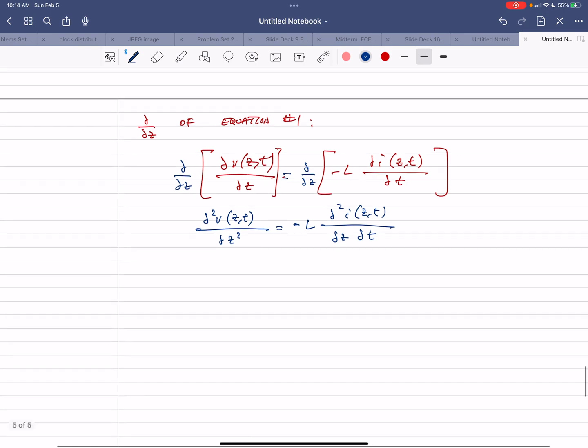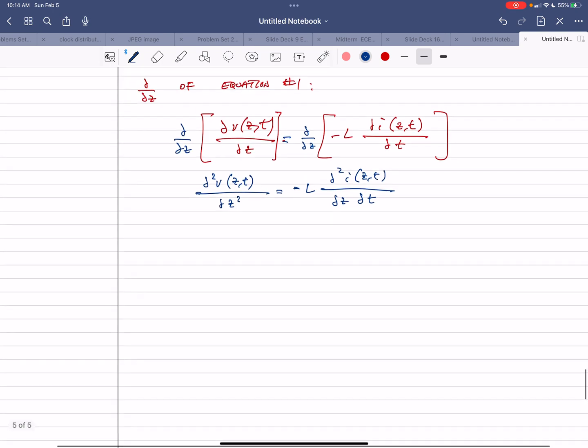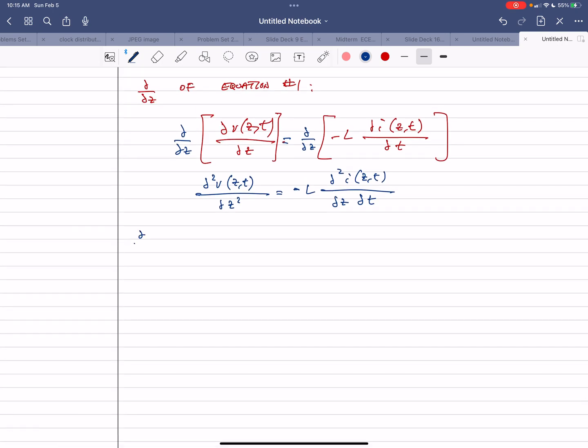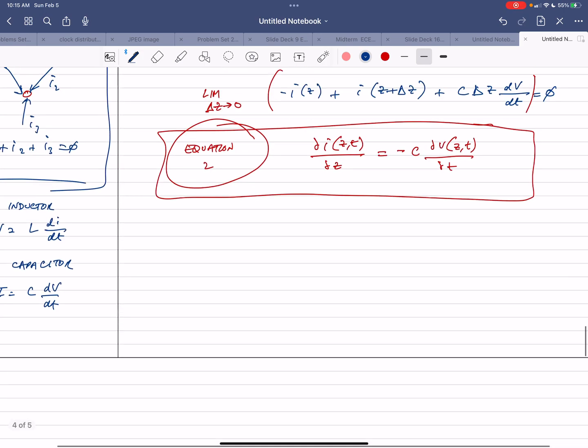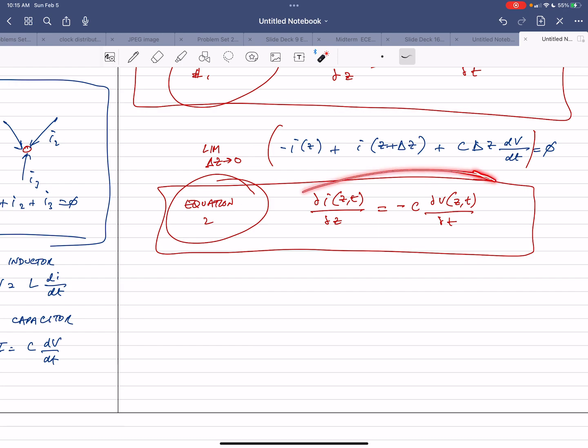That's the first step. The second step is I want to take the derivative with respect to time of equation number 2, this equation here. Let me just copy that.